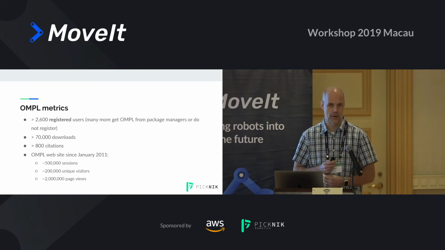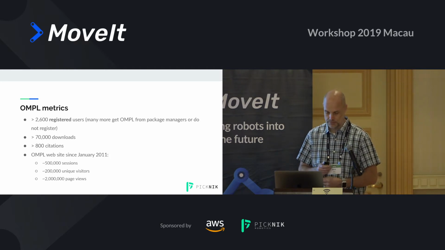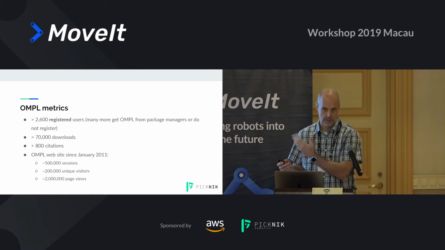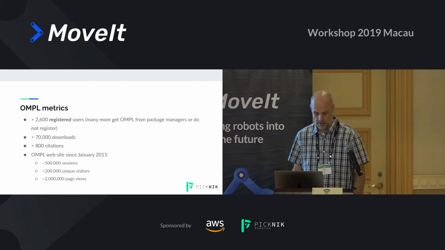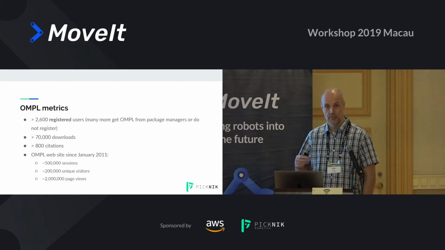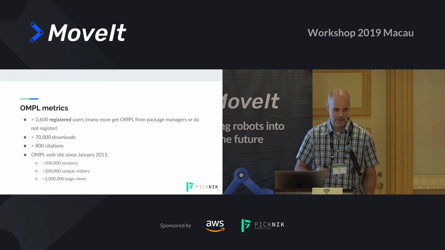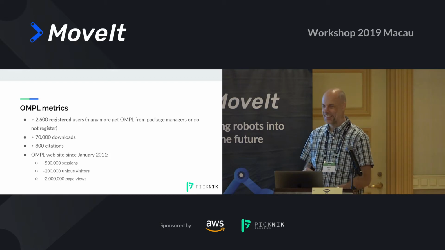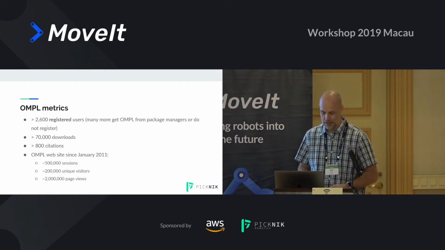Most people don't want to fill out web forms, or they just apt-get install a package, so that's how most people get their version of OMPL, through MoveIt and their package manager. Additionally, we have 70,000 downloads, 800 citations, even more than MoveIt, and since we started counting web analytics, millions of page views.